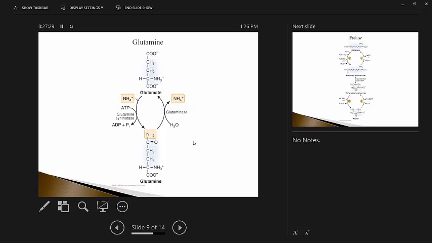So here we start with glutamate, and this is the synthetic pathway. We take ammonia and ATP, and with glutamine synthetase we convert it; the ATP goes to ADP and Pi, and we make the amide nitrogen.